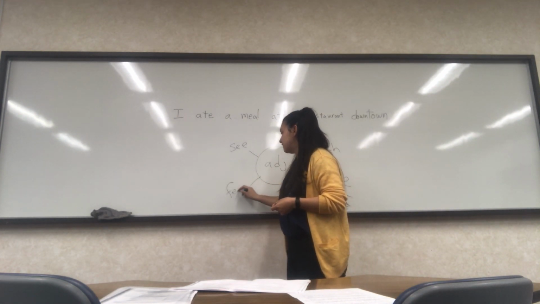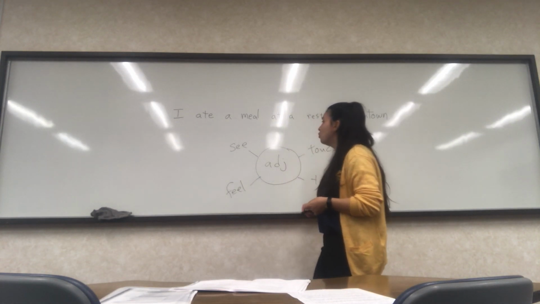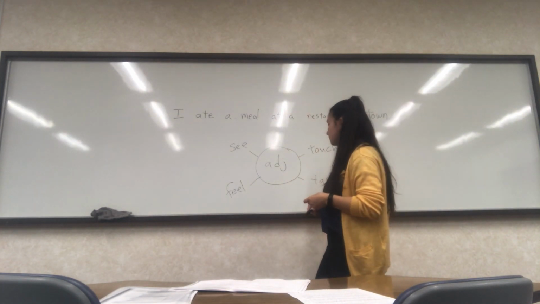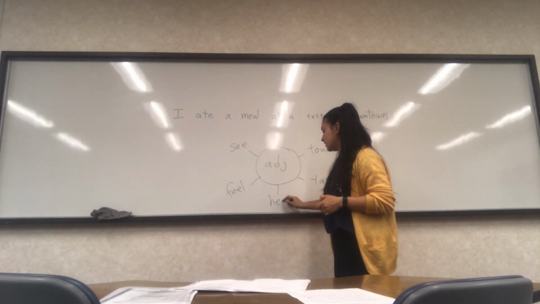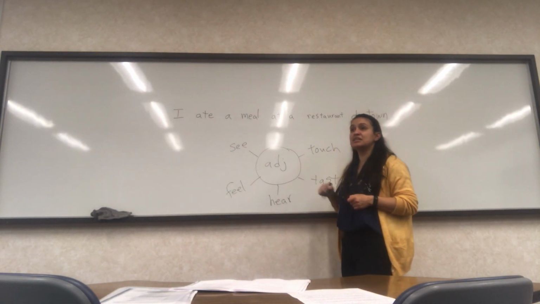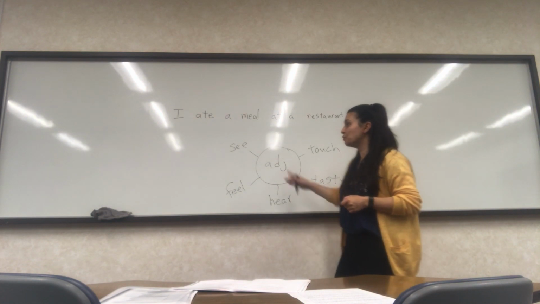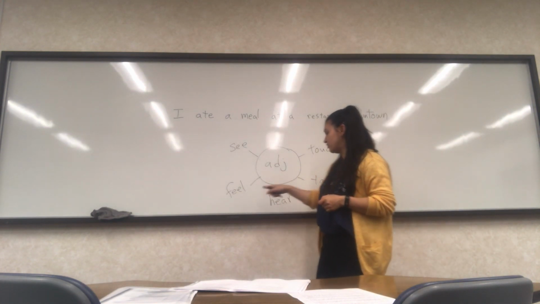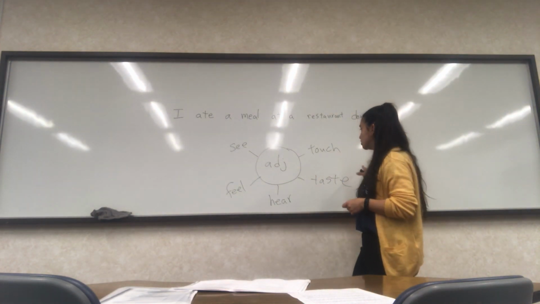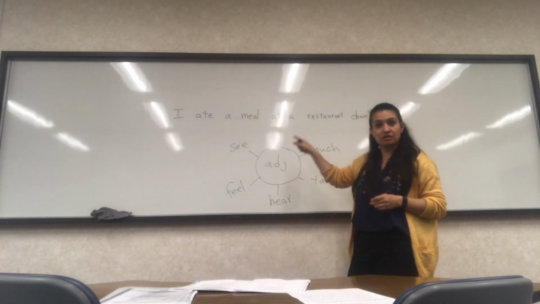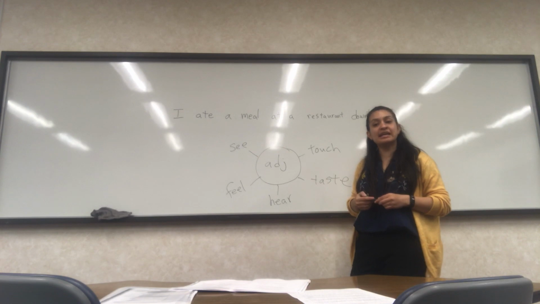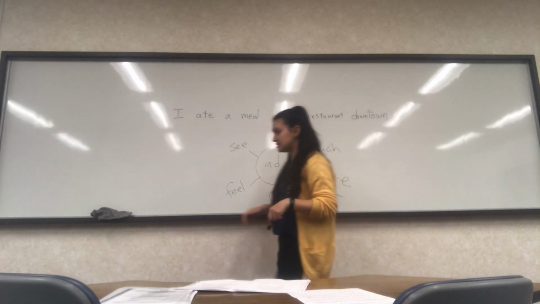Good. Feel. And what's one more? Yeah? Student B? Hear. So adjectives help describe what you see, what you feel, what you hear, what you taste, and what you touch. It can use any of these categories.